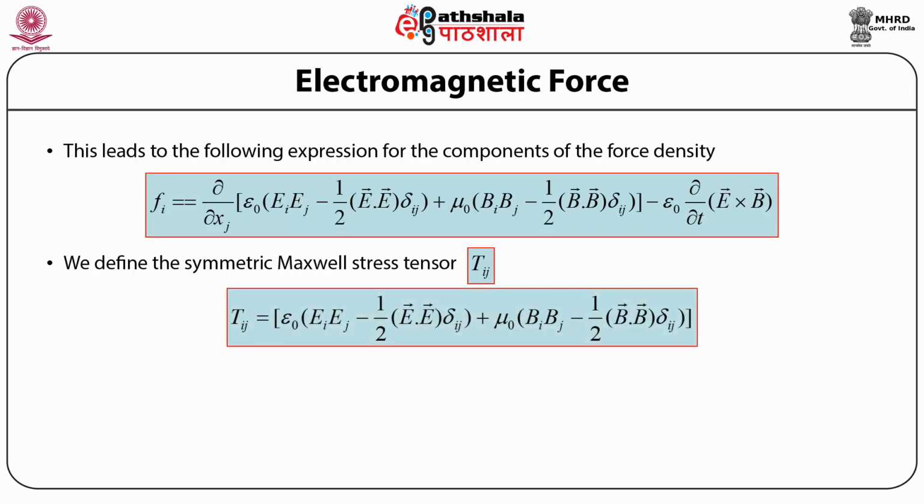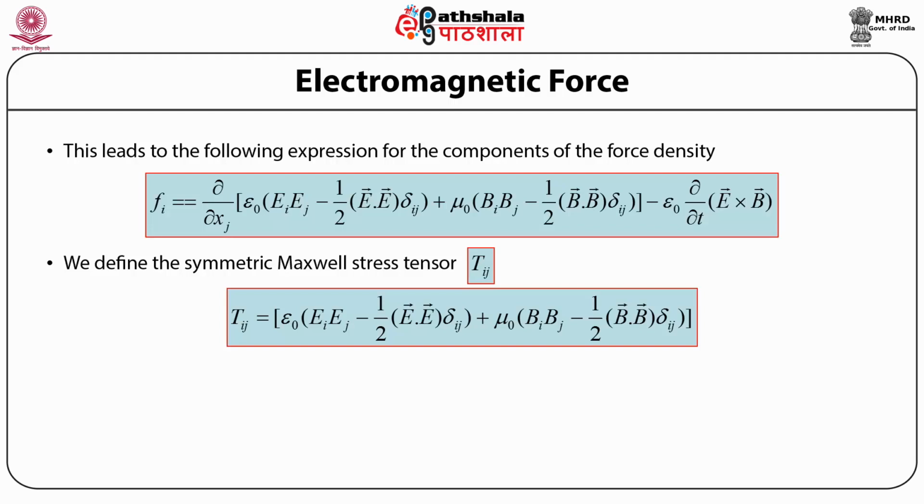So this capital T_ij is equal to epsilon naught times (the ith component of the electric field times the jth component of the electric field minus half times the square of the electric field vector times the delta_ij operator) plus mu naught times (the ith component of the magnetic field induction vector times the jth component of the magnetic field induction vector minus half times the square of the magnetic field induction vector times the delta_ij operator).